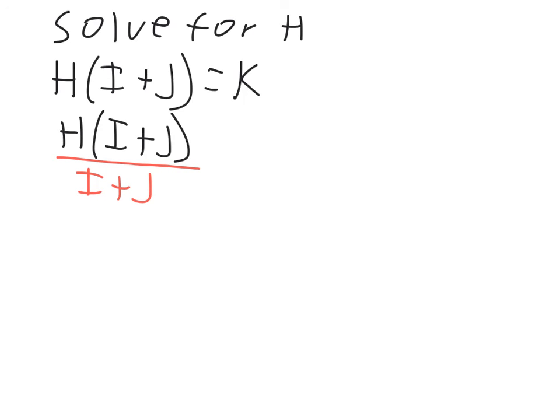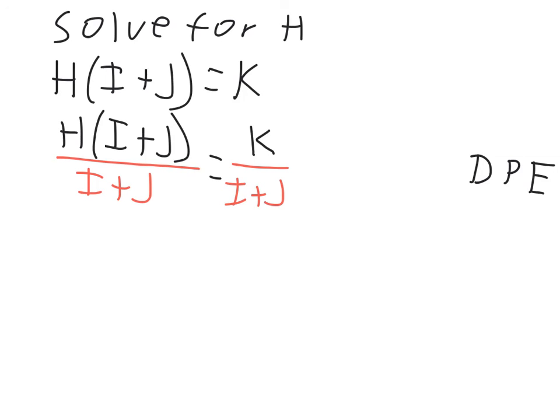But we need to do it to both sides of the equation, so we take k and divide that by i plus j. And this is using the division property of equality, because that's what we just did. We divided both sides. So, division property of equality.